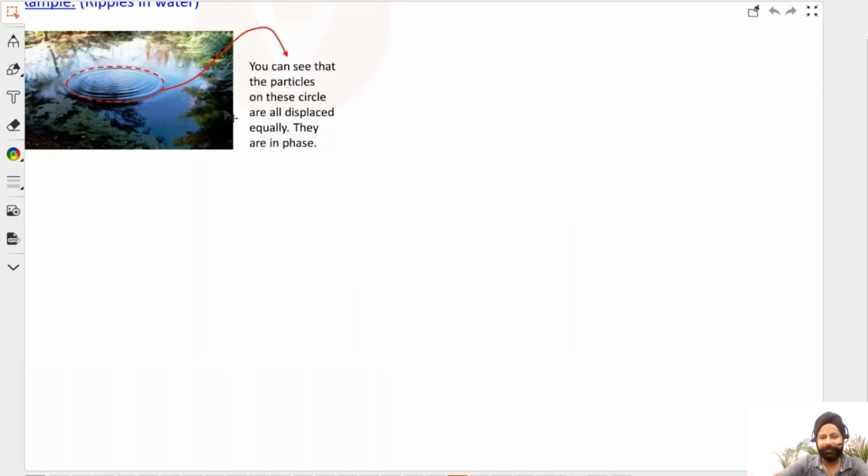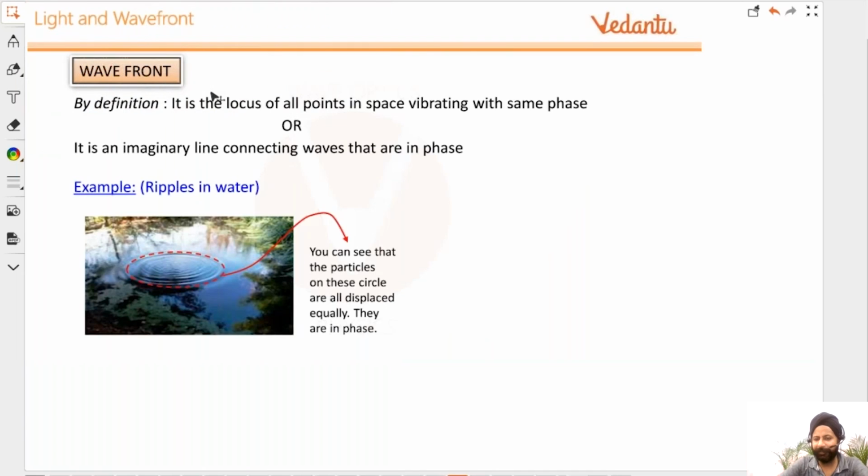Let's draw our own. So let's say this is a pond and you drop a pebble. You will see this pattern here. You will see that all the particles on this circular rim go down together, come up together, they are in the same phase. So this is one wavefront. Another wavefront. All the particles in the same phase. It's a locus of the particles in the same phase. That's it. So they all go up together, they all come down together. So this is a wavefront.